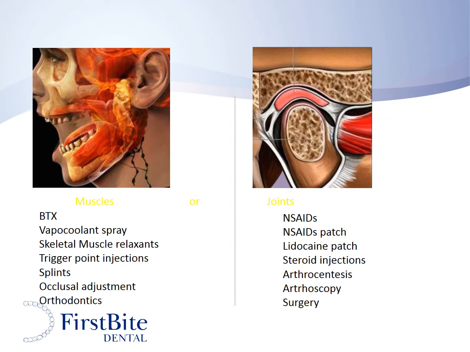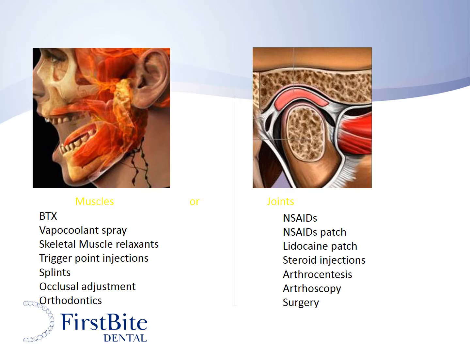So what we have here is two different areas that can cause TMD. We have the muscles and we also have the joint itself. So if it's a muscle issue, there are different types of treatment depending on what your problem is, but this is where Botox plays a part, because Botox stops the innervation of the muscles, so it stops the muscles working as hard as what they normally would, and Botox would give us a 3 or 4 month period.